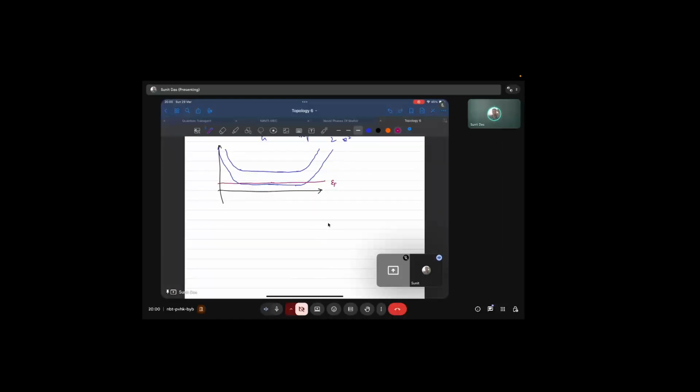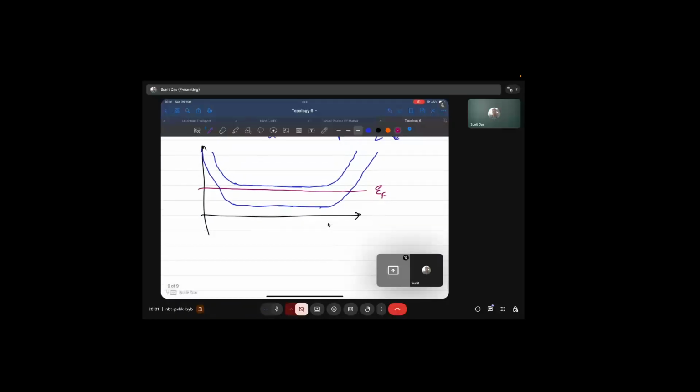Let me start with a higher Fermi energy, then it will be easy to explain. So this is my Fermi energy. Now I'll try to give you a snapshot of what is happening in the experiment as you increase the magnetic field. I'll redraw this 2, 3 times.